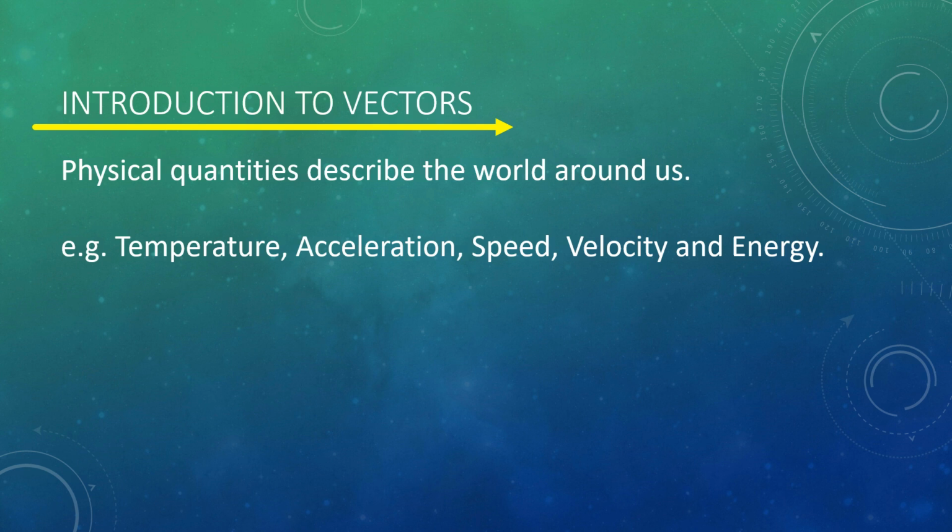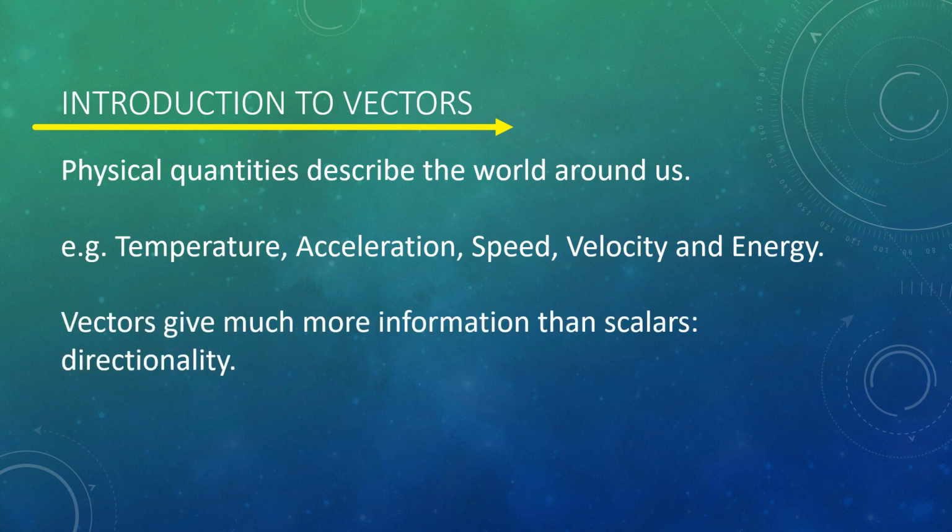But terms like speed and velocity can be used interchangeably. However, they have strict scientific definitions: speed is a scalar quantity and velocity is a vector quantity. And to give you a head start, vectors give much more information than scalars, that is, they describe the directionality.